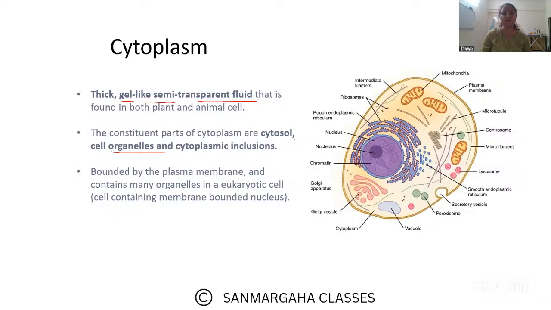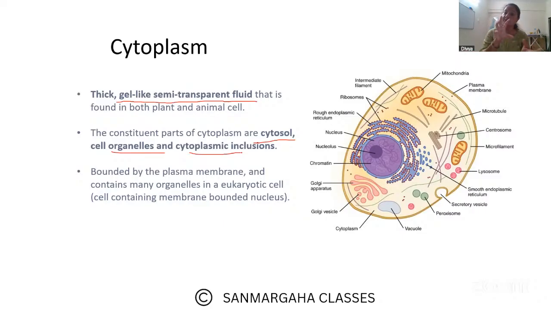And the cytosol, and then other cytoplasmic inclusions like electrolytes, as we have discussed. This cytoplasm is inside the plasma membrane, so the outer covering will be the plasma membrane.